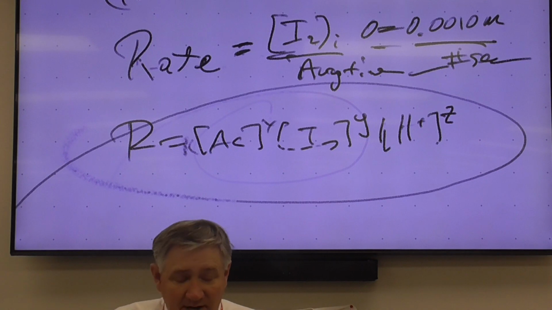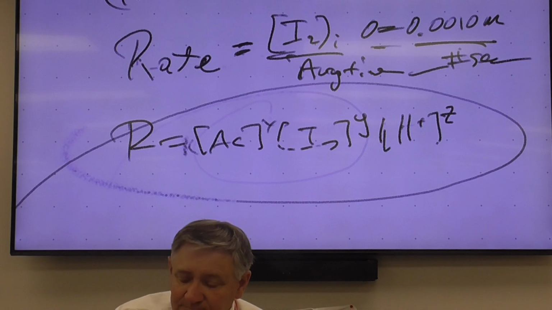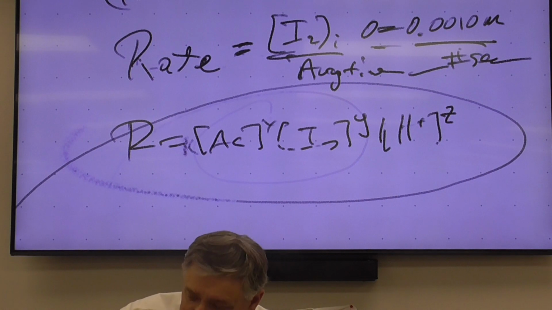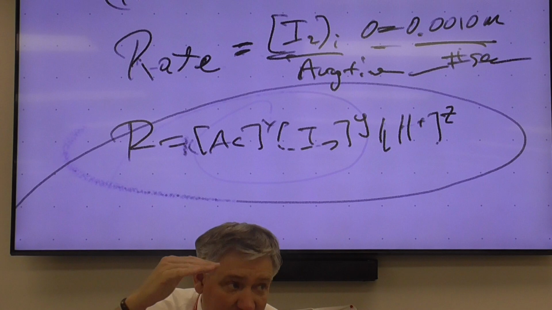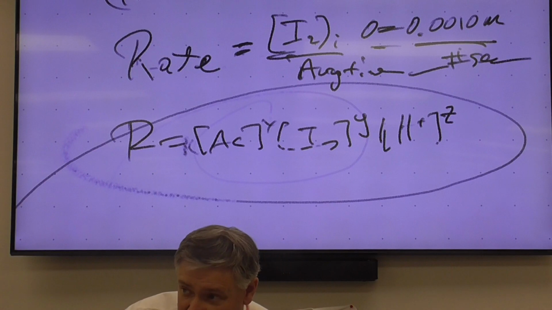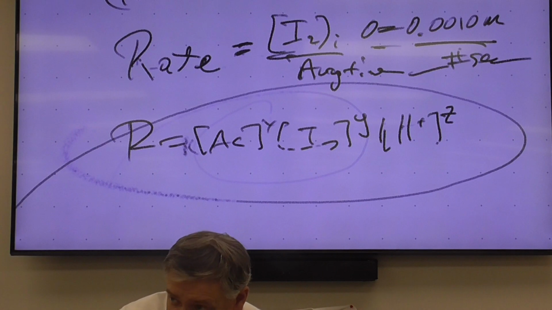And I'm going to restate this again tomorrow. This is a very formal lab write-up. When you write these out, I want to see, hey, these are the reactions that I chose. Here are my concentrations that cancel out. Here's my order.